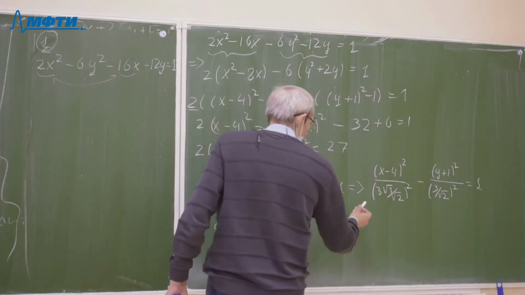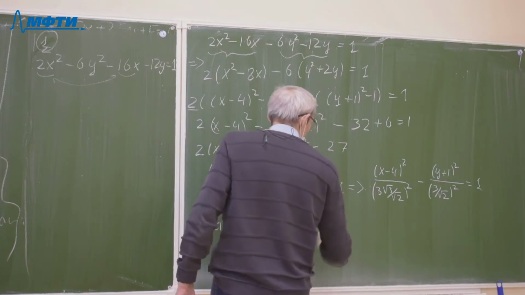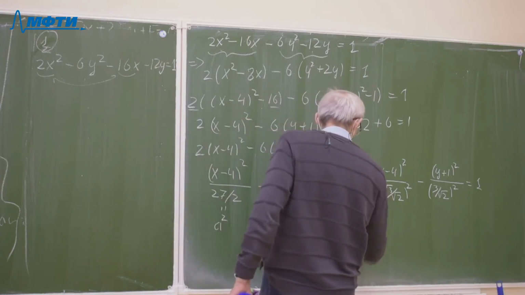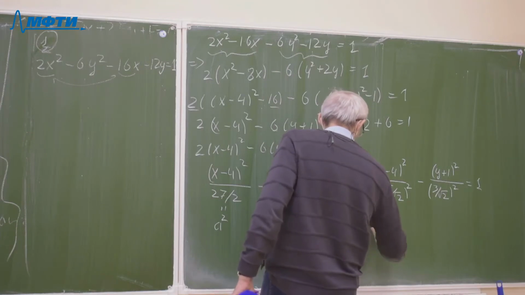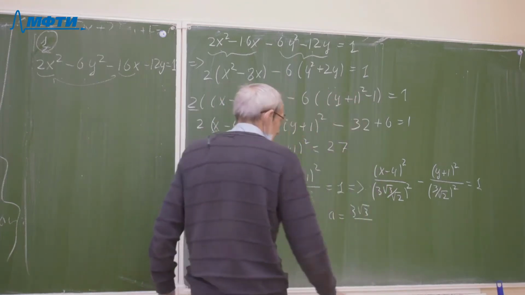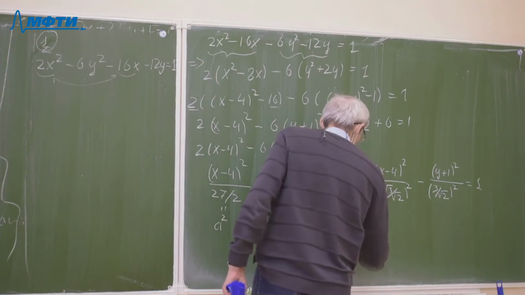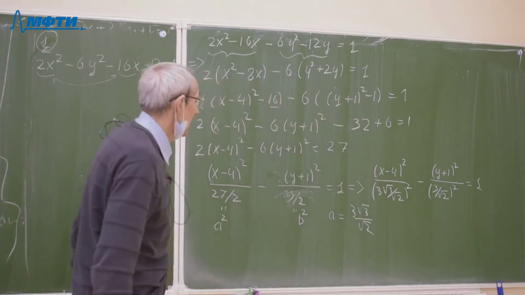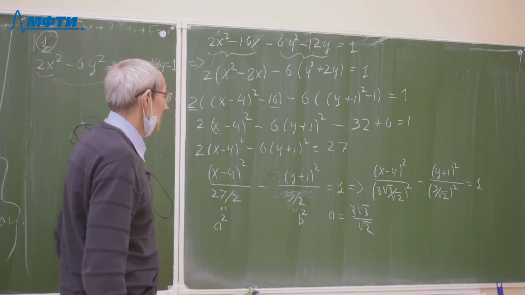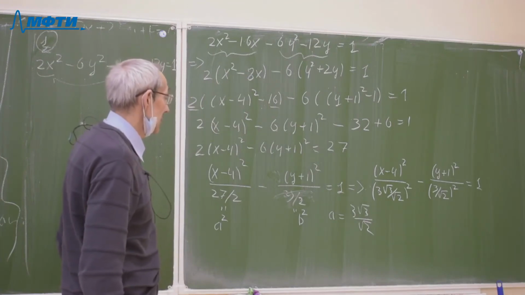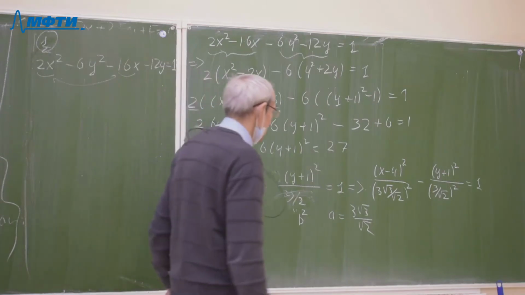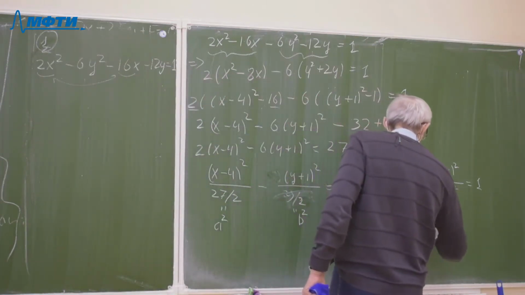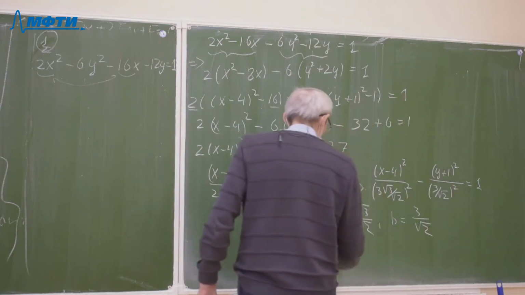So we obtain that a is equal to the ratio 3 root 3 over root 2, and b is equal to the ratio 3 root 2.